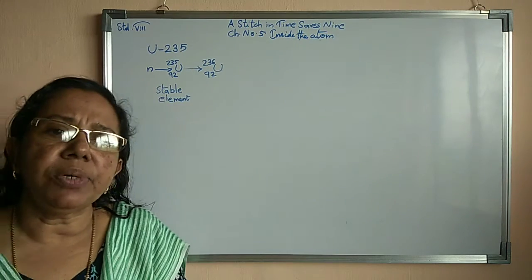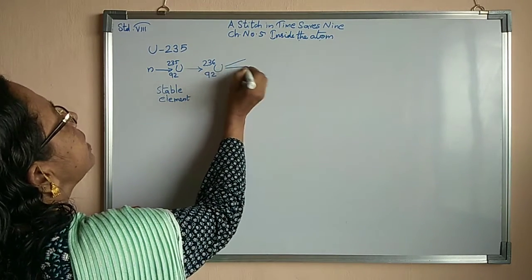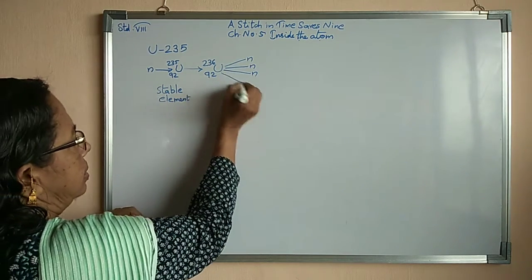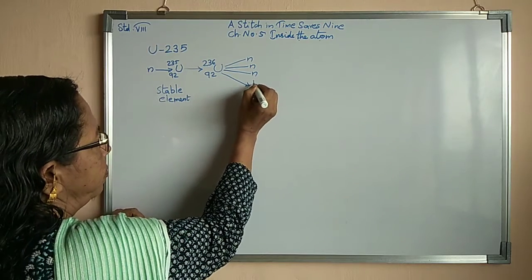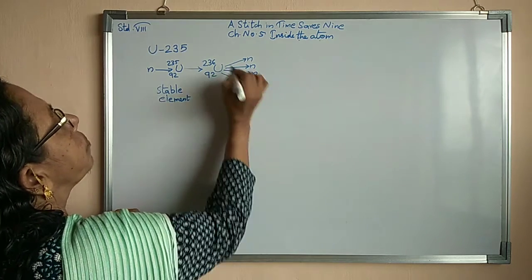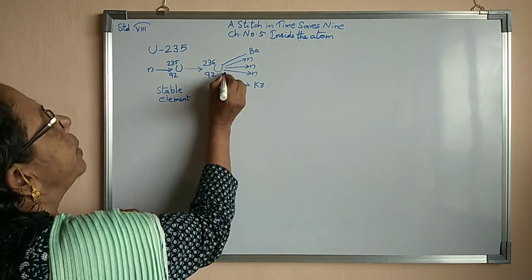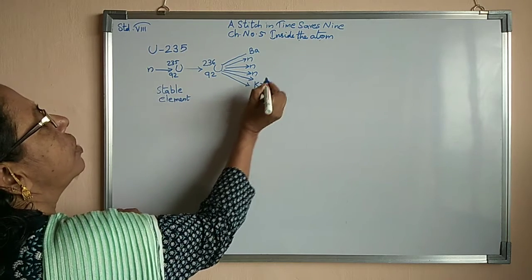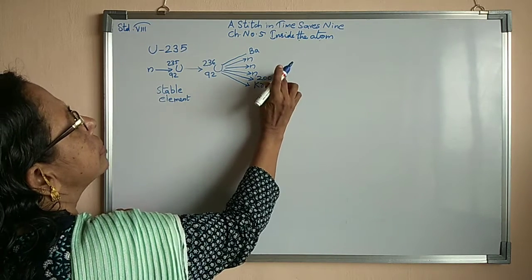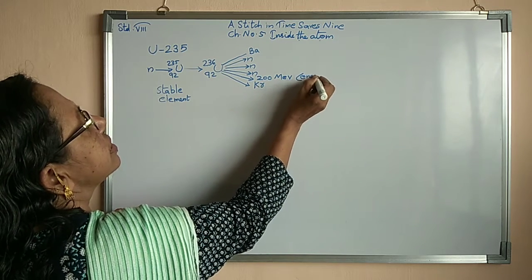Along with that, there will be the formation of 3 neutrons, then krypton, then barium, and 200 mega electron volts of energy.